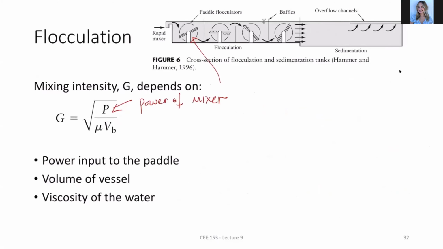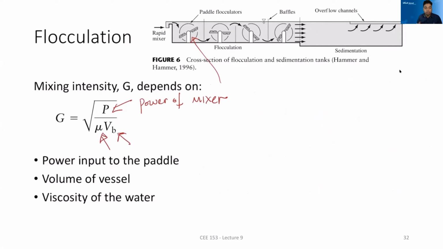So mixing rate, that's basically operational definitions, how fast the paddle is going to move, because that's the energy. You don't want to mix too much because that's an extra cost to you. So mixing rate depends on the power and the viscosity, inversely proportional to viscosity, and the volume of water that you need to treat in that tank.